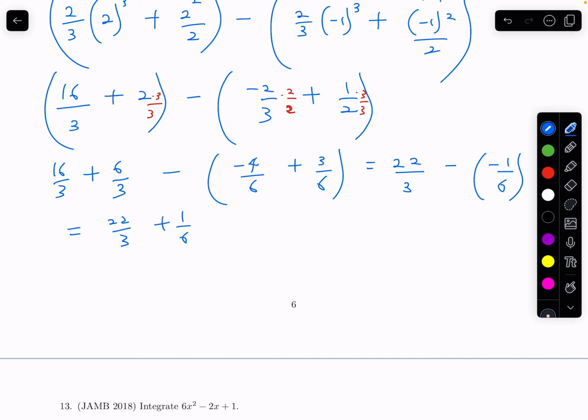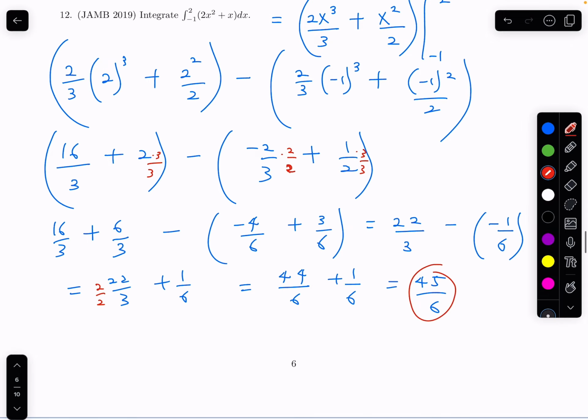What I can do is multiply the first part by 2 over 2, which is 1. So this is just going to be 44 over 6 plus 1 over 6, and this is 45 over 6. And that's my solution. I hope this helps. Okay, we are making good progress.